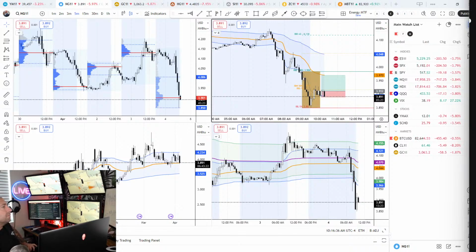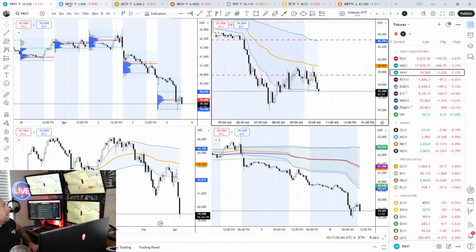About a tick away from stopping me out. Pretty tight stop, it's going to be like a $140 loser. Oh, didn't stop me out. It's right there, though, literally one tick away. Be a $143 loser. Order filled. That's out. All right.